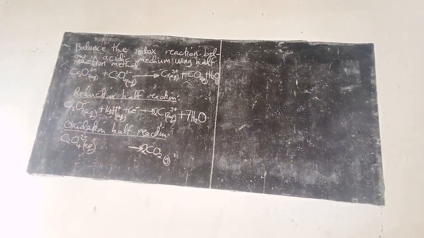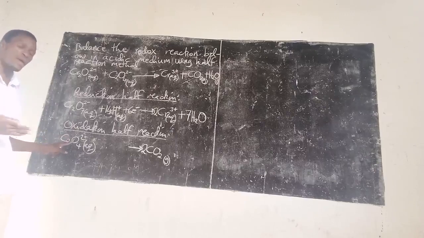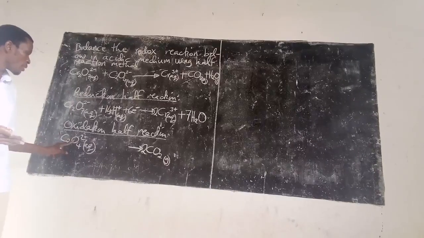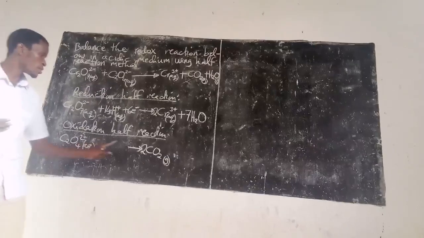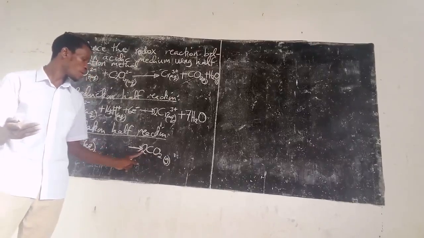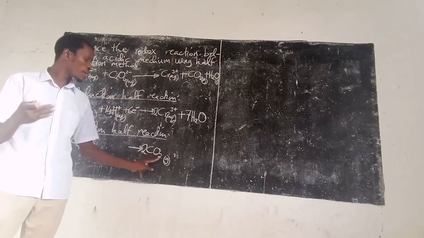2, 2. Then balance the number of oxygen atoms. The number of oxygen atoms is balanced by adding the proper number of water molecules to the side with no or fewer oxygen atoms. On the reactant side, there are 4 oxygen atoms, and on the product side there are 2 times 2, which is 4 oxygen atoms.